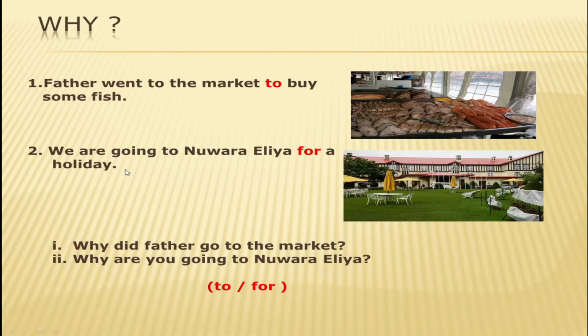My next question is, why are you going to Nuwara Eliya? For a holiday. Here the words to and for in these 2 sentences tell us why these things were done by these people. Why it happened.